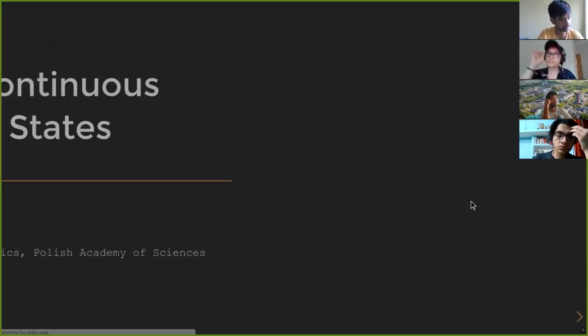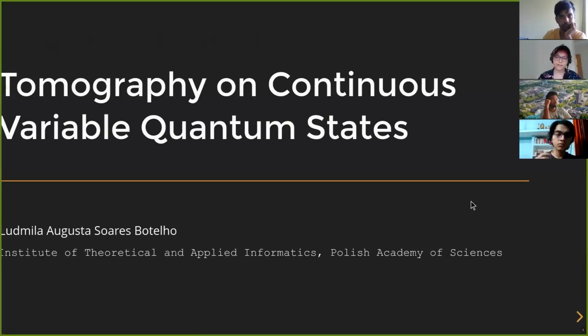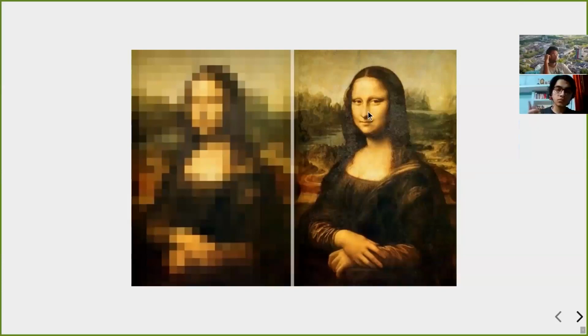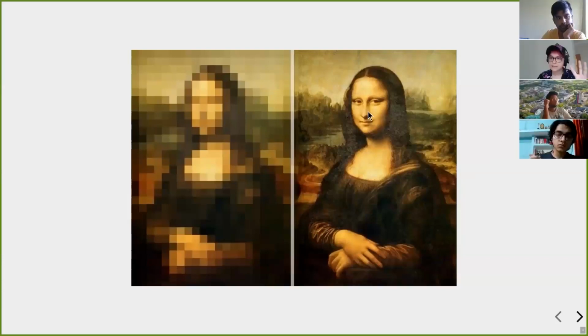So the number of measurements you're asking about is a good question, also for experimentalists. It's completely state related. Some states require more information than others. It's a very interesting problem.